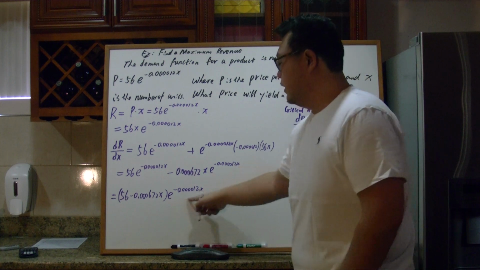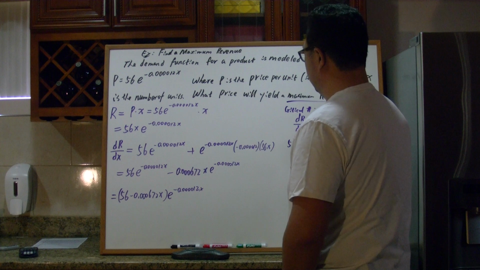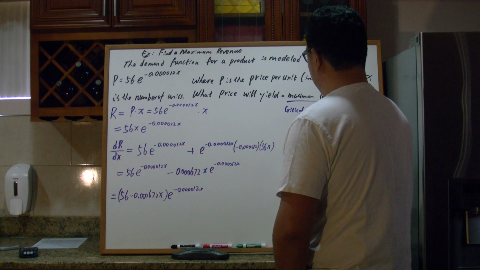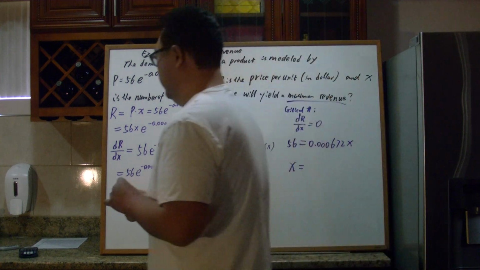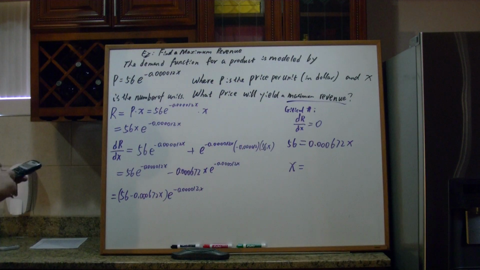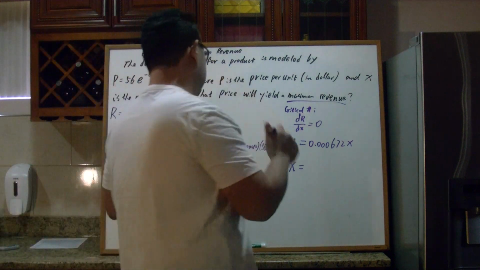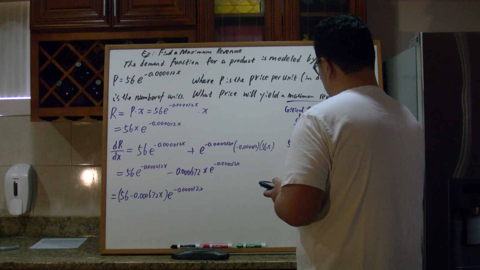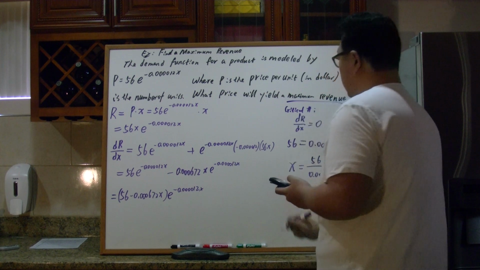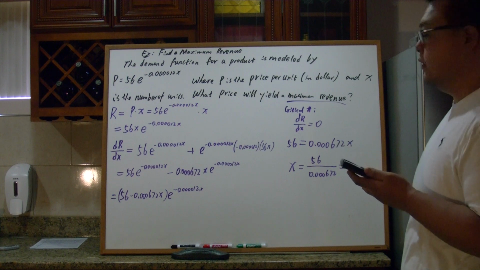This exponential function can never be 0, so it is just this part. When we divide, it's about 83,333.